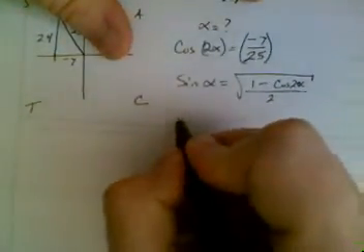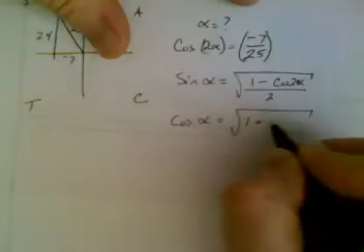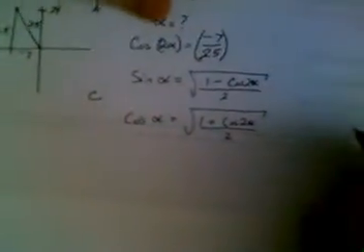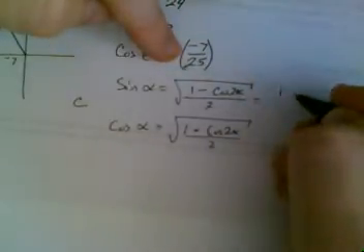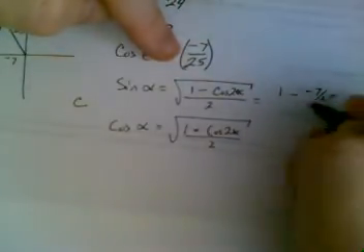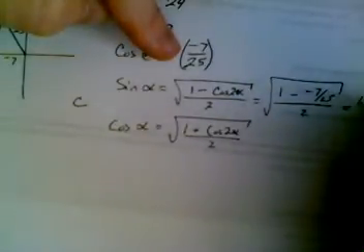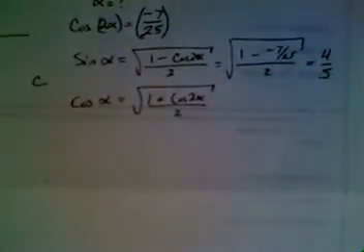Likewise, the cosine of alpha is equal to the square root of 1 plus the cosine of 2 alpha, divided by 2. These are nice and easy. I can plug these values in and get 1 minus a negative 7 over 25, all divided by 2 inside this square root. We get that this thing is just 4 over 5. And that's all it is, if we do the simplification correctly.